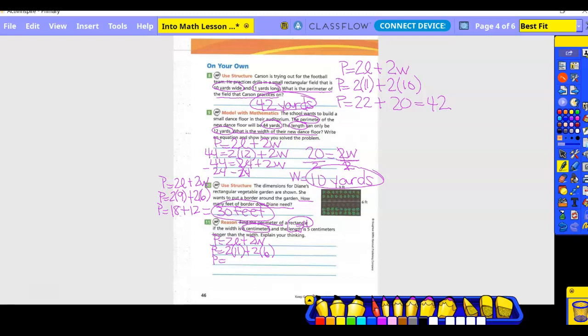So 2 times 11 is what? 22. And plus 2 times 6 is 12. Okay, so what's 22 plus 12? 34. So 34 centimeters is our answer with its label.